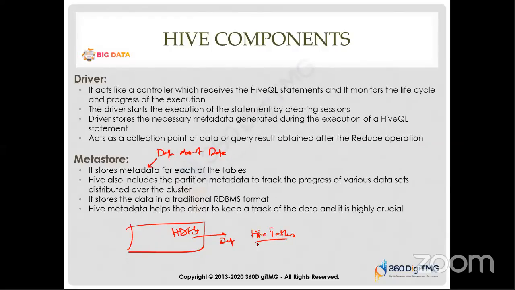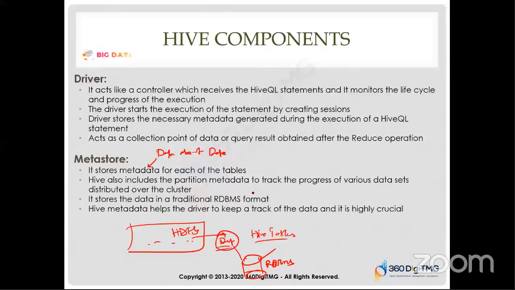So for Hive, the data is lying here, but the structure information about the data is given here. This definition gets stored in an RDBMS based system. This definition is nothing but your metadata. So metastore stores this definition for all the Hive tables that we are generating.